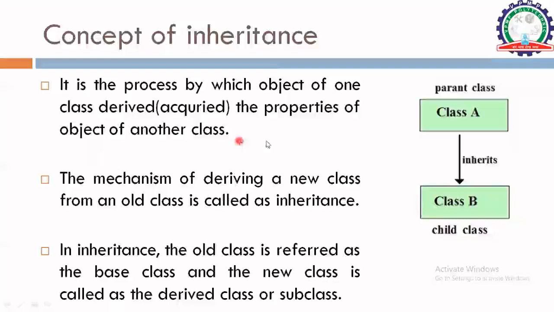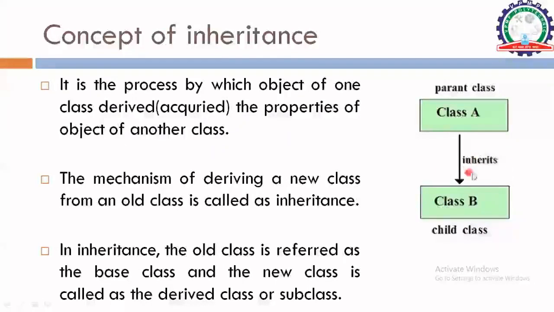That means here in this diagram we can see that class A is a parent class, that means it's an existing class, and we are making a new class, that is class B, that is also known as a child class, and as we are seeing, it is inheriting.